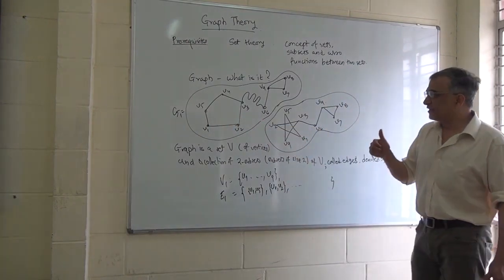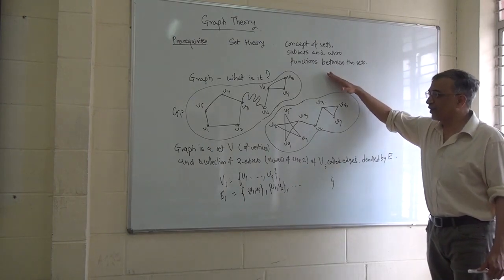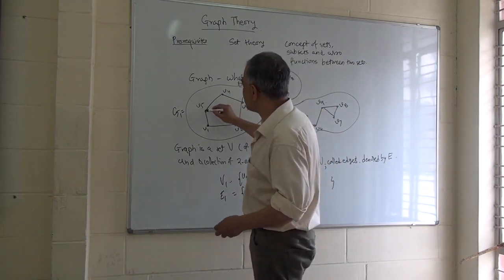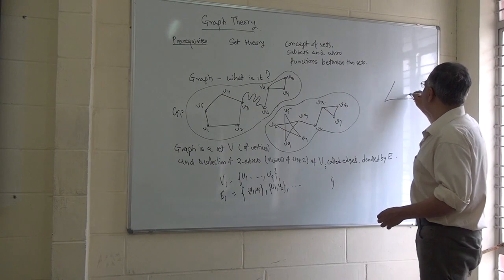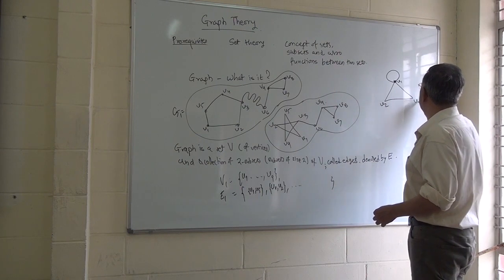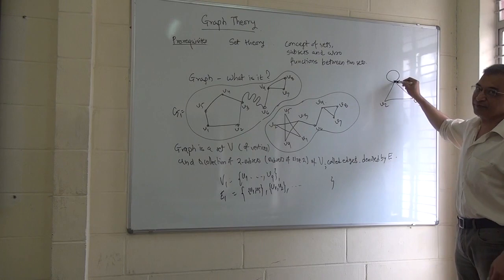Now here there is one point. We are just doing the first lecture in graph theory, so I don't want to complicate the matter. Some graphs sometimes may have an edge which starts and ends at the same point. For example, you might have seen a graph like this. This is an edge. So V1, V2, V3. And then there is an edge where both endpoints are the same.